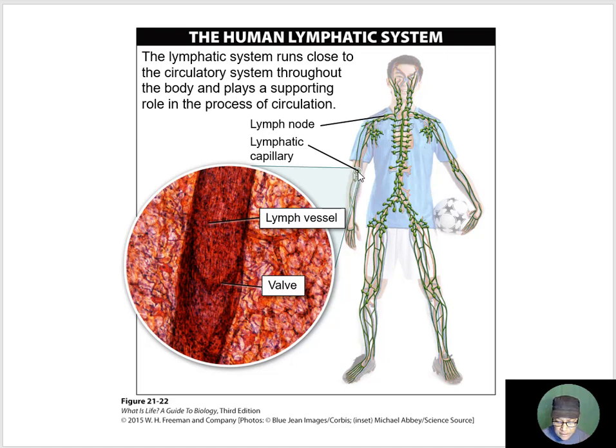So we've got the lymphatic capillaries. Again, they have valves, right? So things flow in the proper direction. And they end in these lymph nodes. And this is where the lymph nodes are where a special portion of the white blood cells actually reside.